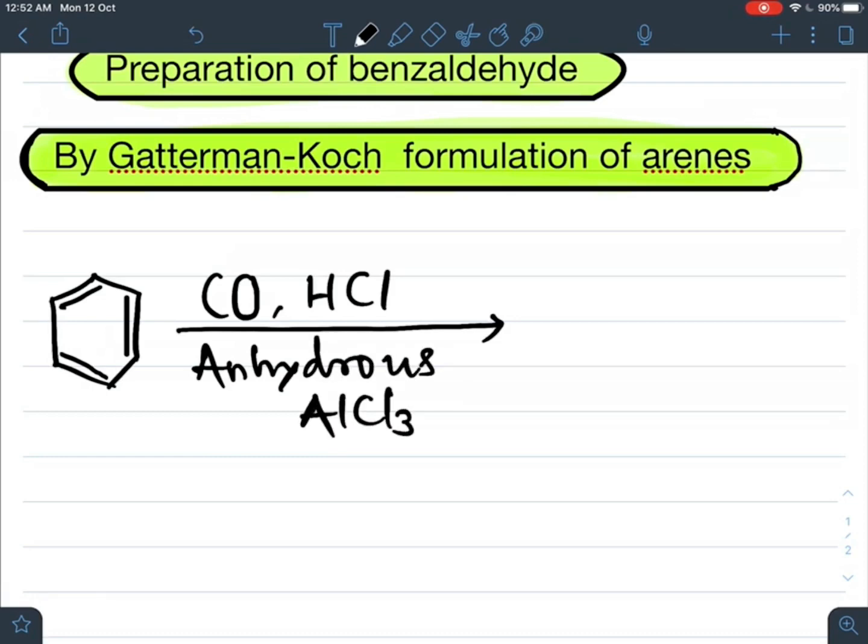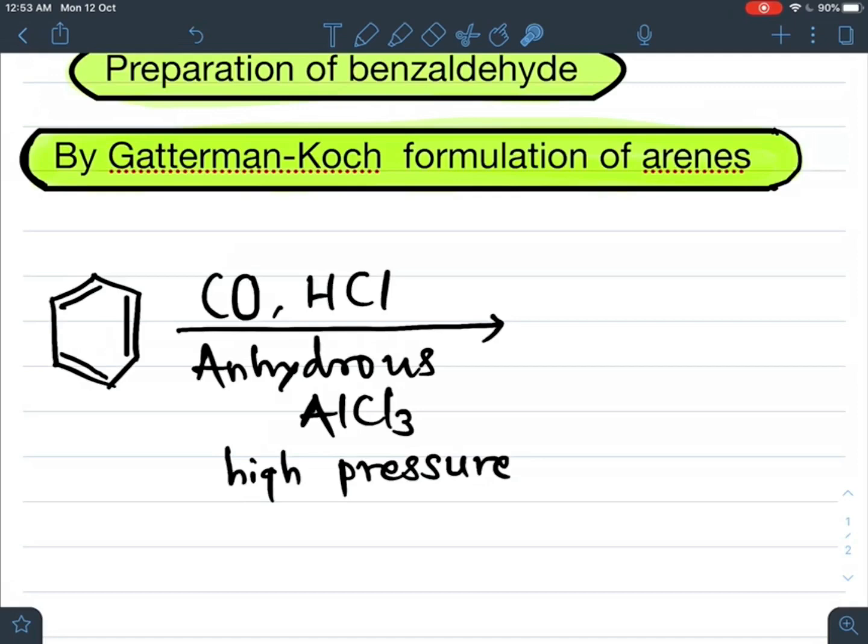This reaction takes place under high pressure, or in the presence of cuprous chloride. Instead of anhydrous AlCl3, cuprous chloride is used as a catalyst.